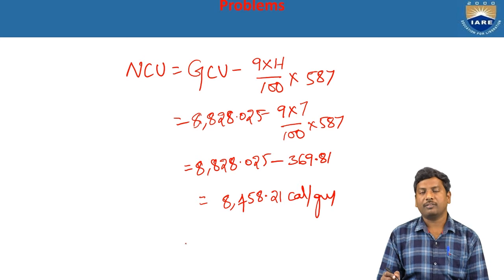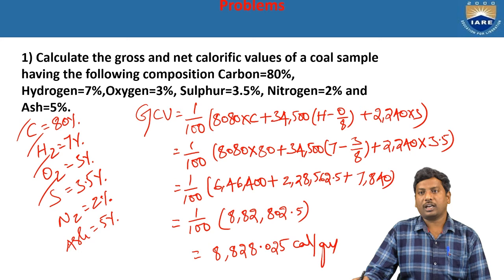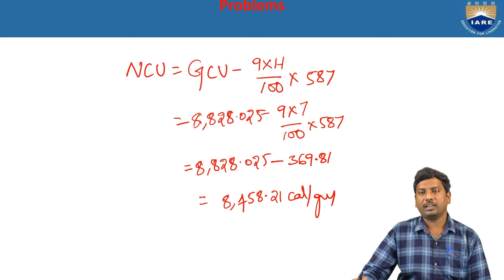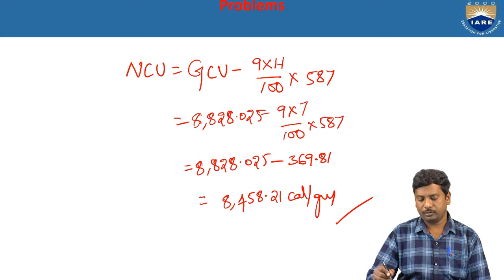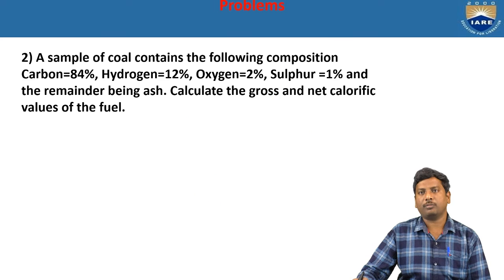So these are the values for the given model problem. The gross calorific value is equal to 8,828.025 calorie per gram, and net calorific value is equal to 8,458.21 calorie per gram. Okay, so this is about the first model problem, and next is the second model problem.